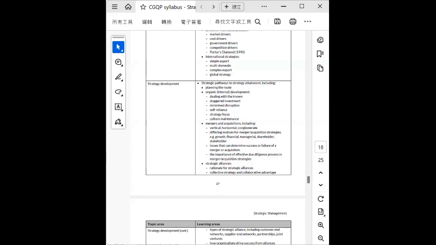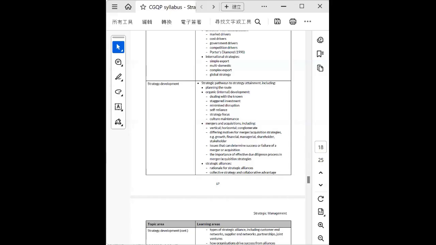Building on the known focuses on leveraging the existing strengths and capability, and staggered investment involves the phased allocation of resources to manage risk and ensure sustainable growth. Minimizing disruption basically ensures that the growth initiatives do not negatively impact the ongoing operations.